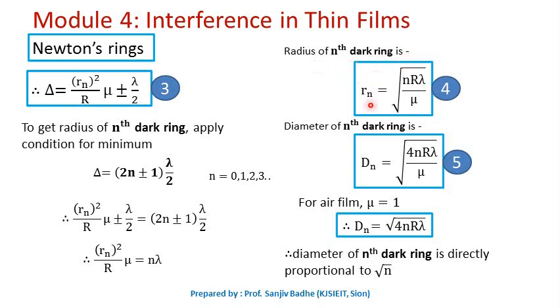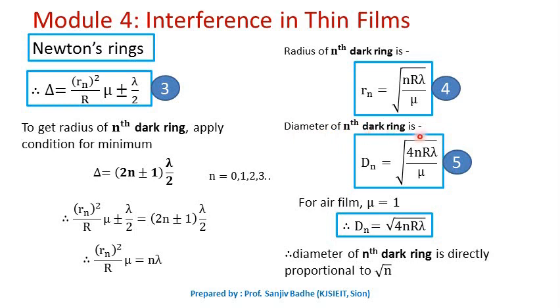So radius of nth dark ring is given by Rn equal to square root of nR lambda upon mu, where mu is the refractive index of the film that is formed between the plane surface and the spherical surface. For air film, this mu can be taken as 1.